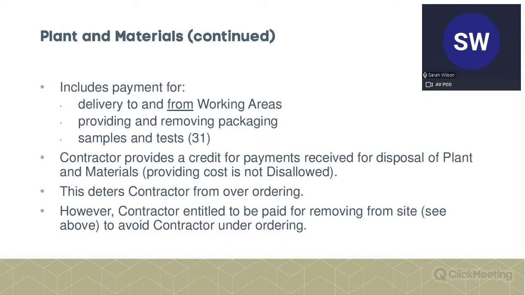And the aim of this, part of the checks and balances, is to prevent or deter the contractor over ordering, but to hopefully mean that the contractor is not squeezed so much that it's forced into under ordering, which is why we have the final bullet point that allows the contractor to be paid for removing plant and materials from a site which haven't been used.